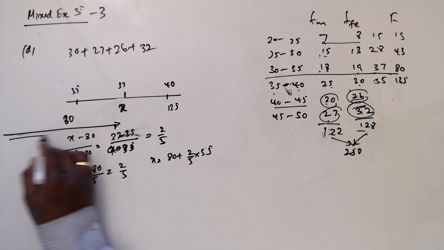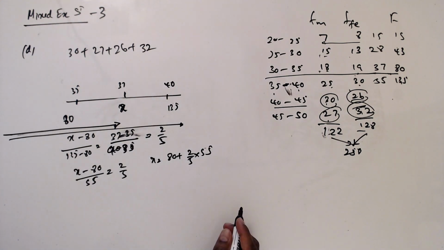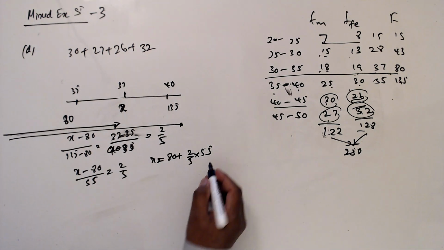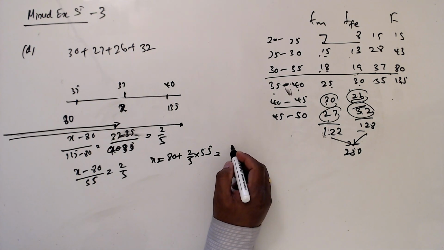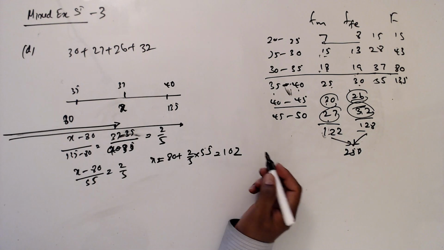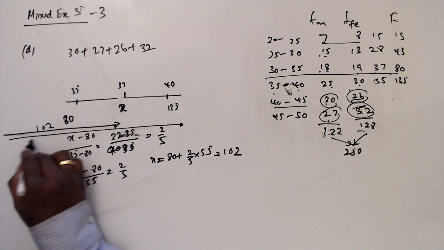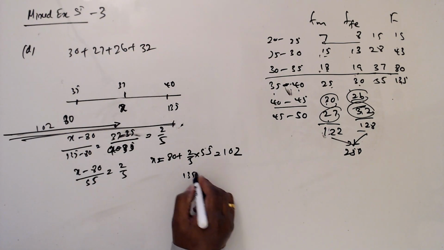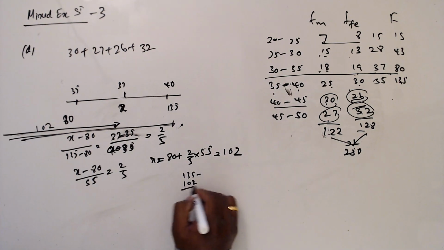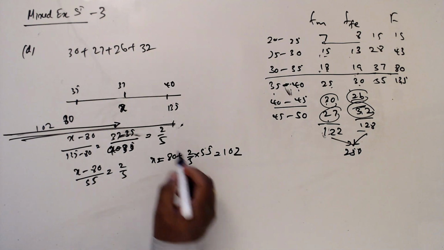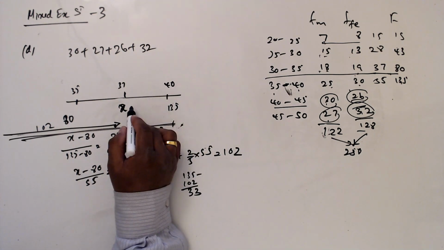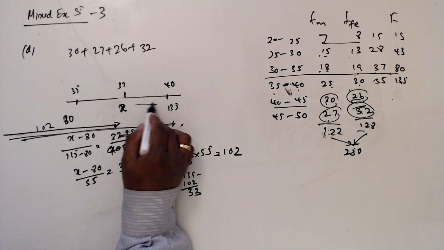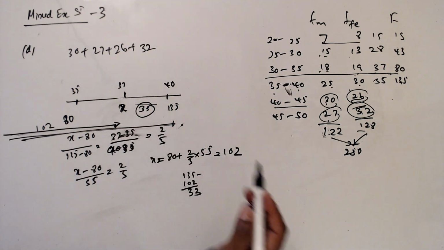So you know total is, so this answer is 102, and now up to here 102, and up to here 135. So 135 minus 102, this is going to be 33. So this amount is going to be 33.